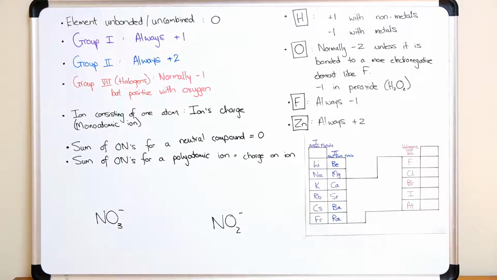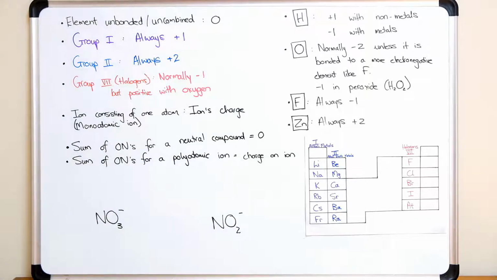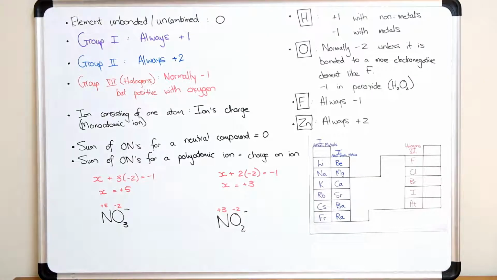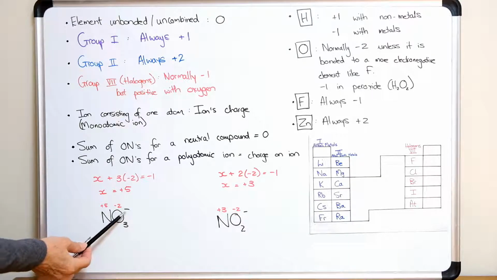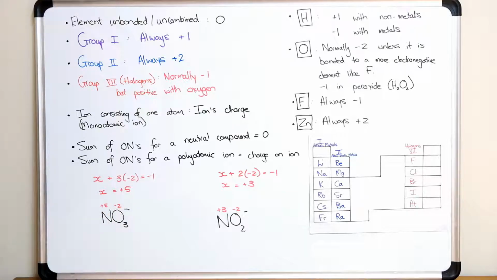Now we're going to look at the oxidation numbers for nitrogen in the nitrate ion. This is the nitrate ion, and in the nitrite ion. Why don't you pause and see if you can solve them yourself? In the nitrate ion, the total charge is -1, so we make it a -1 on the right-hand side of the equal sign.